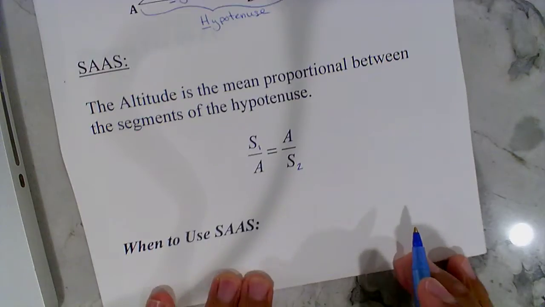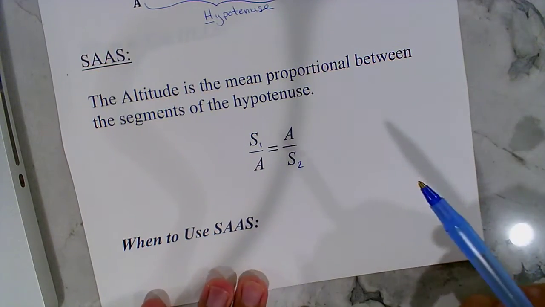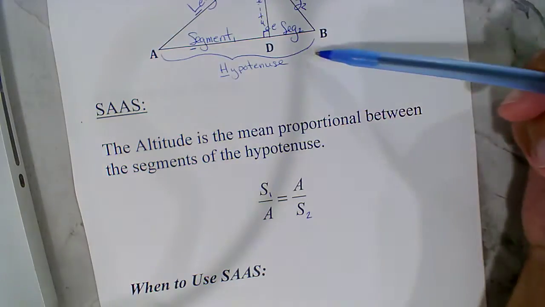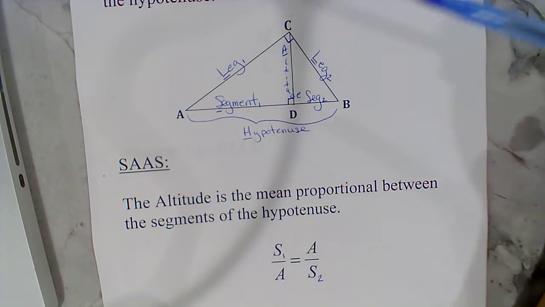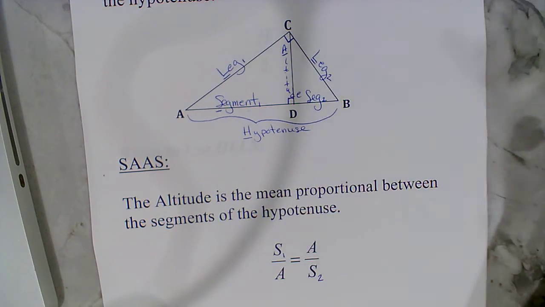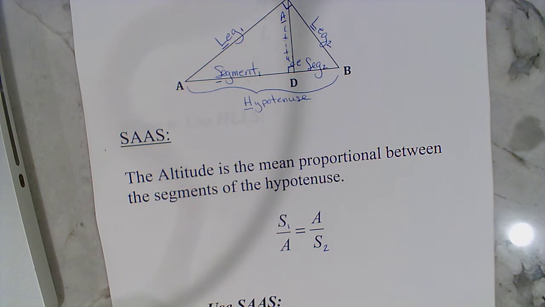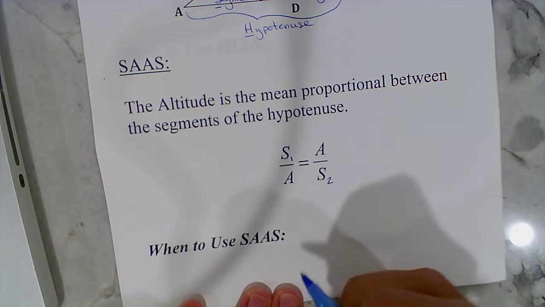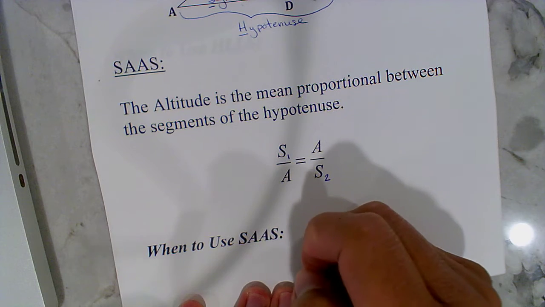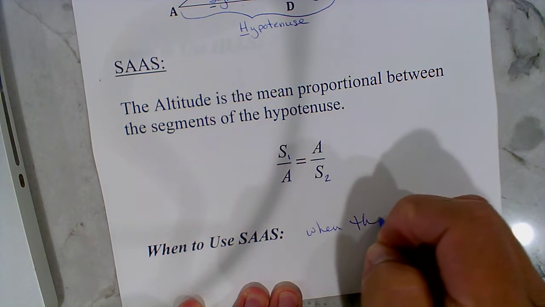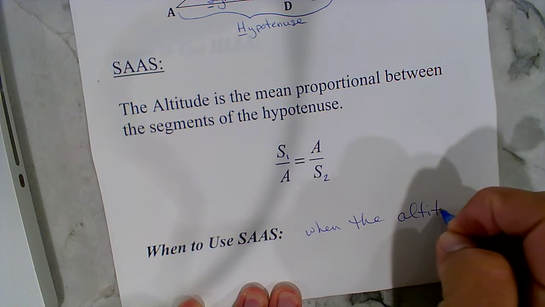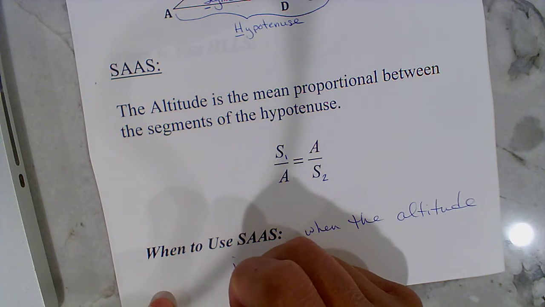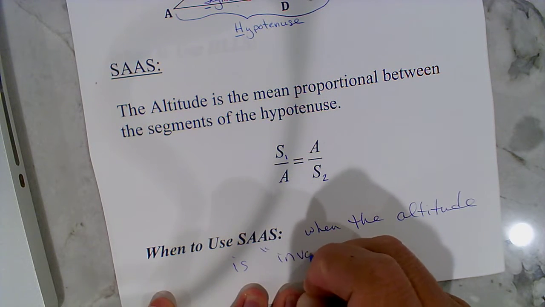The first thing is you're going to have to say, okay, I know this picture makes it HLLS and SAAS, but now is it HLLS or is it SAAS? The answer as to whether it's SAAS is the easiest one of the two. When to use SAAS? When the altitude is, quote, involved.